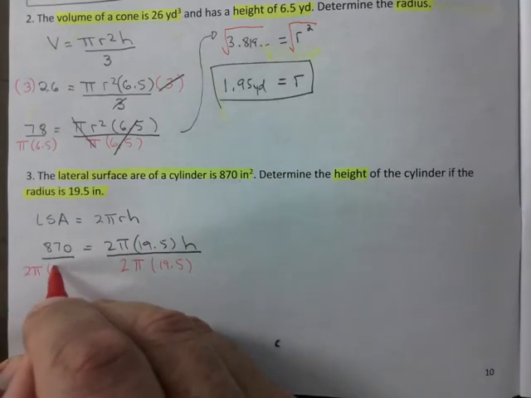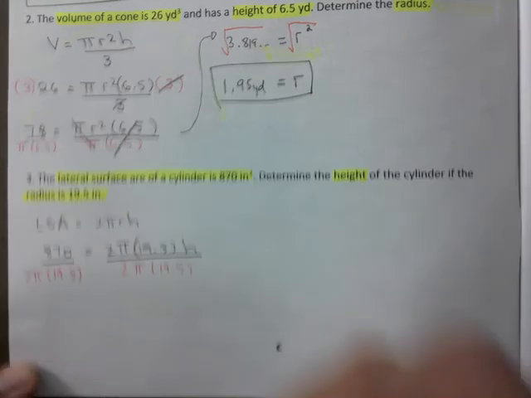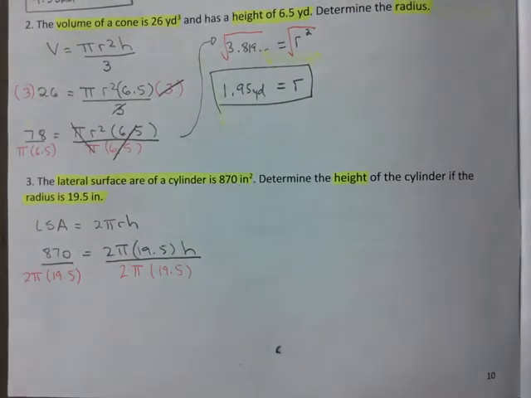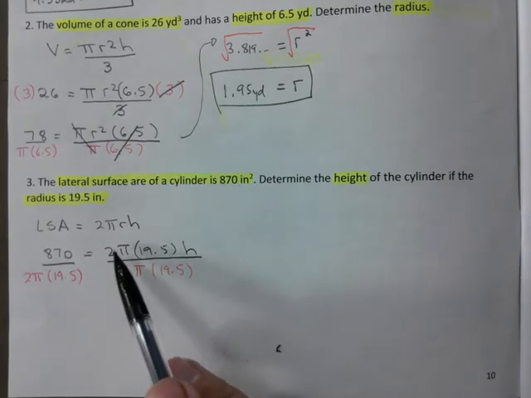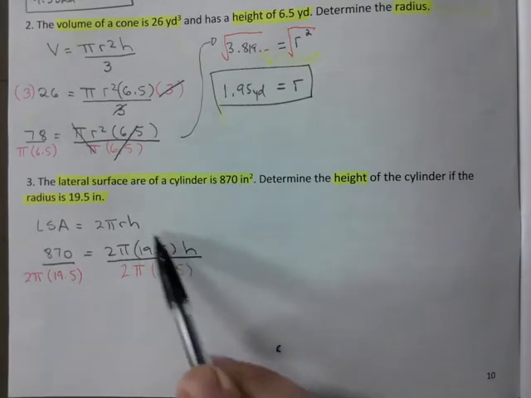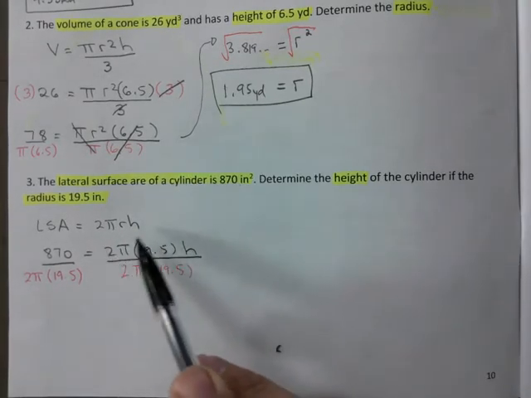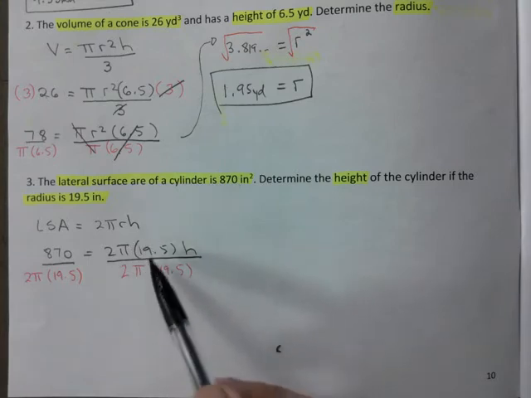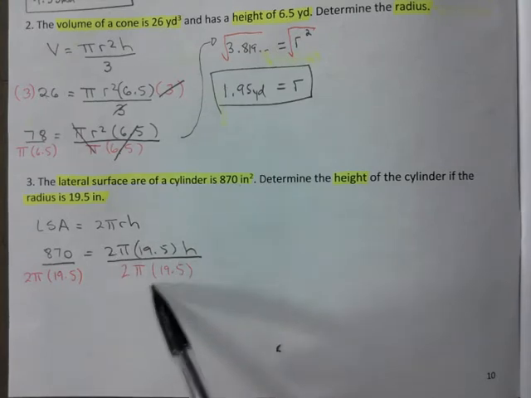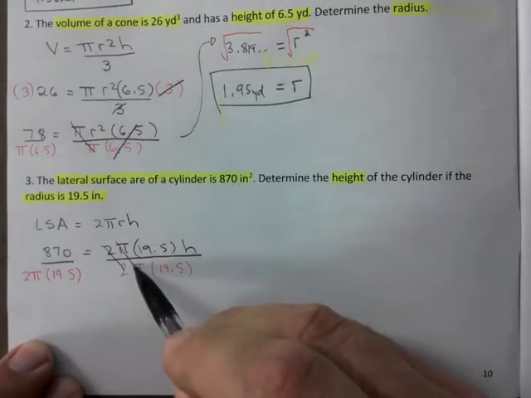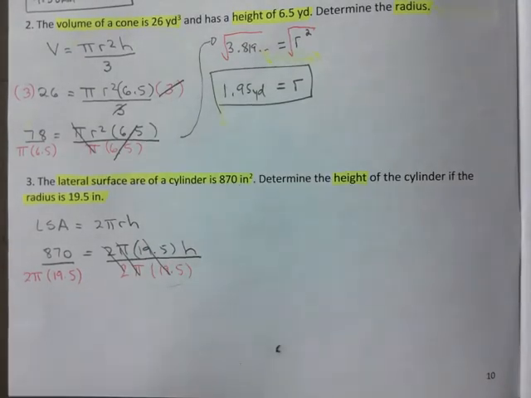2 pi 19.5. Can I just say something here? Just so you know, if you type in 2 times pi times this, you get one big number. So you're basically dividing that big number by itself, right? So let's see, 2 pi, cancel, cancel.